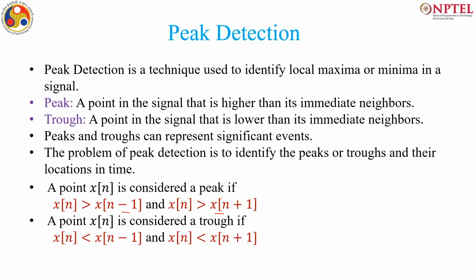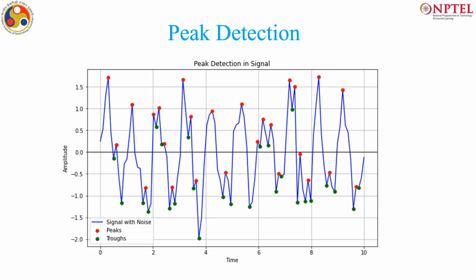Similarly, a point will be considered as a trough if it is less than x[n-1], the previous sample, and the following sample x[n+1]. This is a pictorial representation of peaks and troughs in a signal. The peaks are represented by red dots and the troughs are represented by green dots.